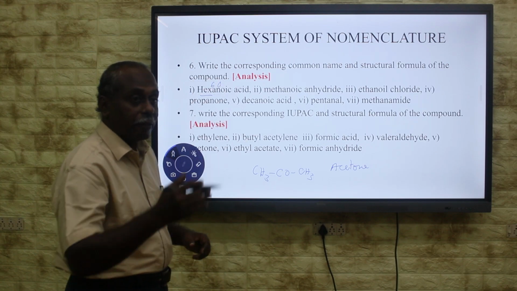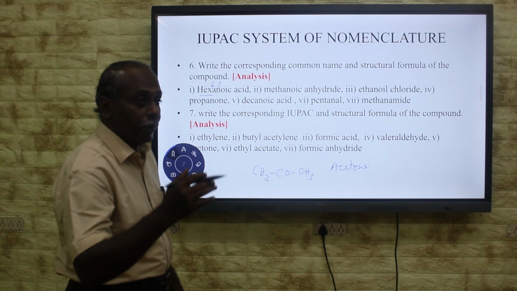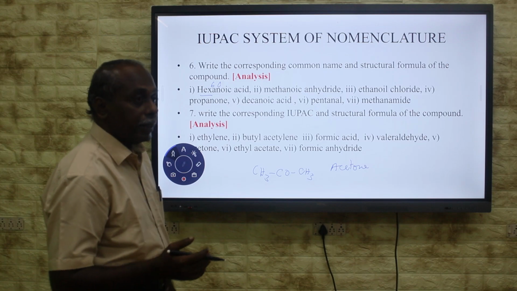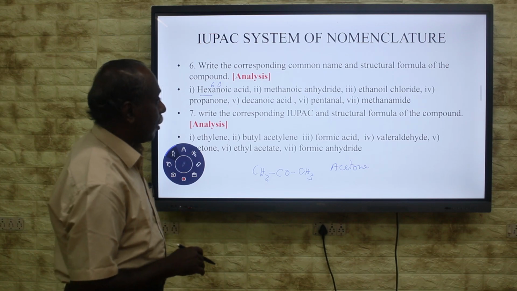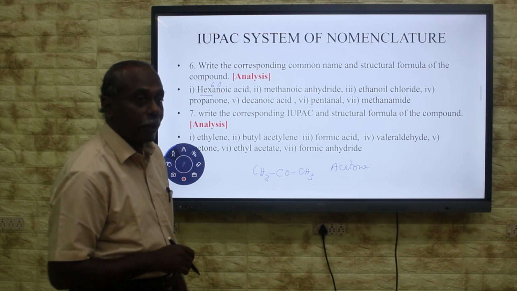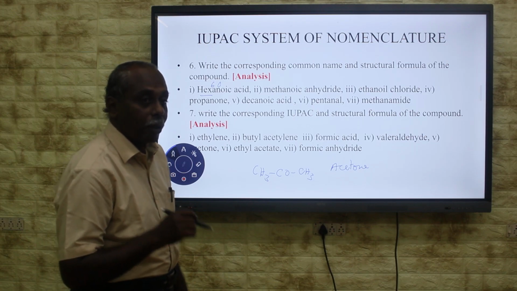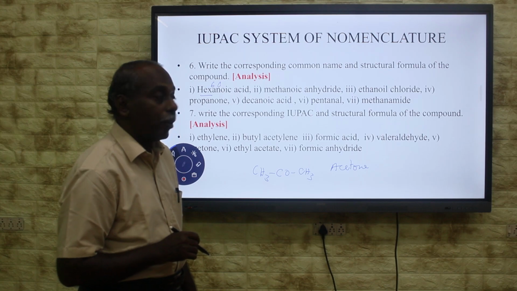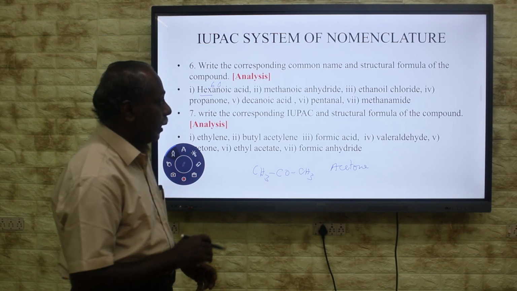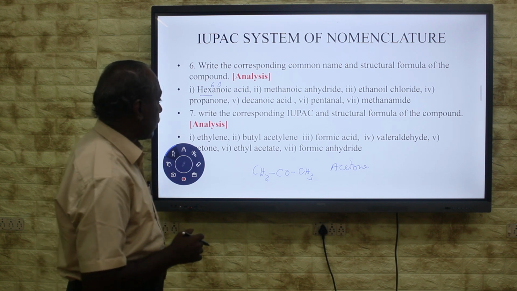Those things are derived from the carboxylic acid. Valeric acid is a 5 carbon carboxylic acid, and valeraldehyde is a 5 carbon aldehyde. Then methanamide is a 1 carbon amide. The 1 carbon carboxylic acid is formic acid, so formamide. In that way, we write the trivial name as well as the structural formula.